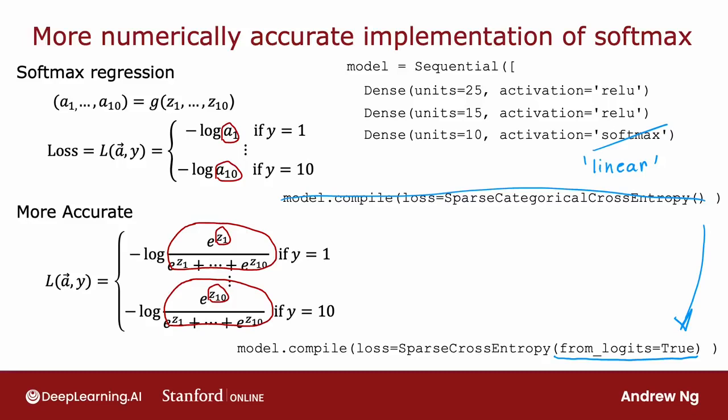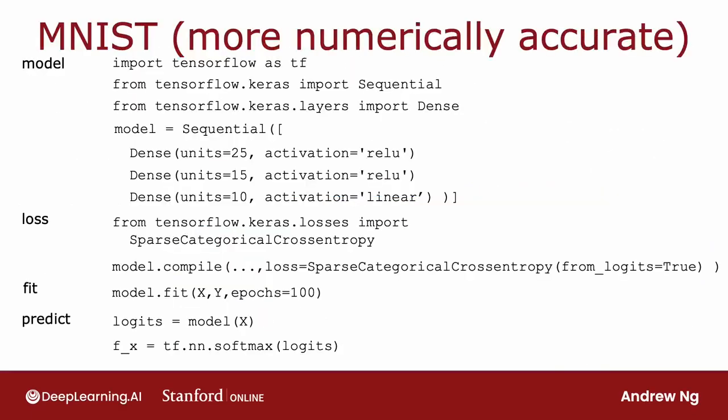Although the downside is maybe just a little bit harder to interpret as well. Now, there's just one more detail, which is that we've now changed the neural network to use a linear activation function rather than a softmax activation function. And so the neural network's final layer no longer outputs these probabilities a1 through a10. It is instead outputting z1 through z10.